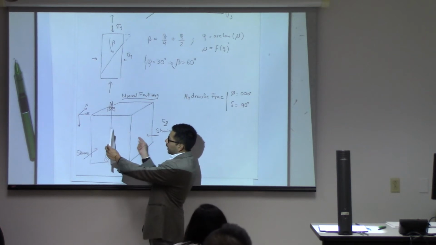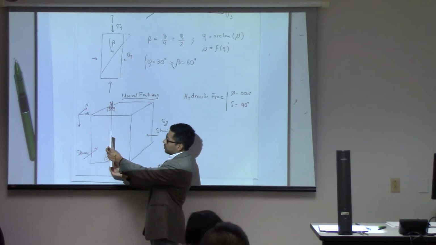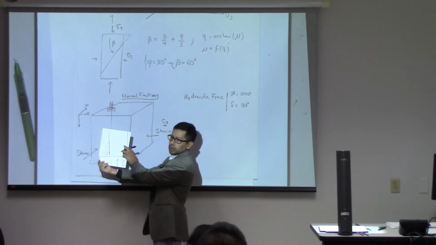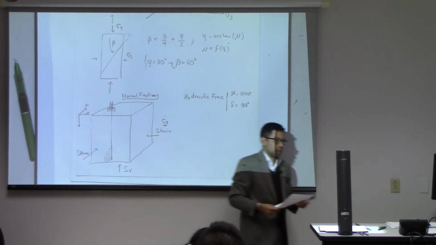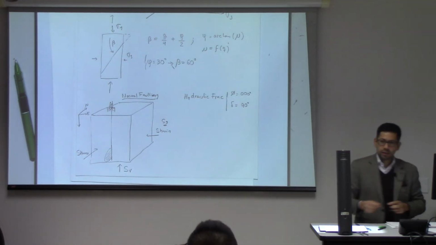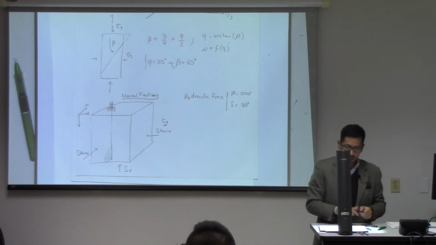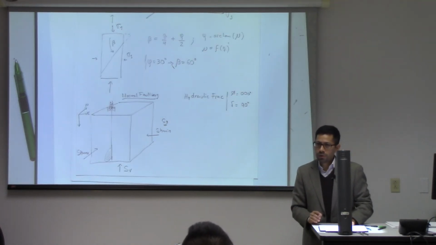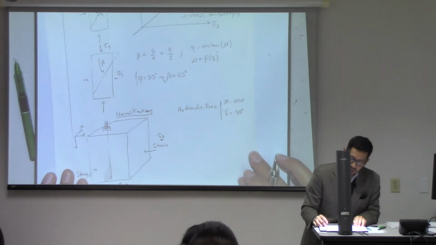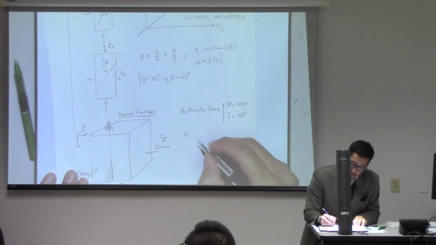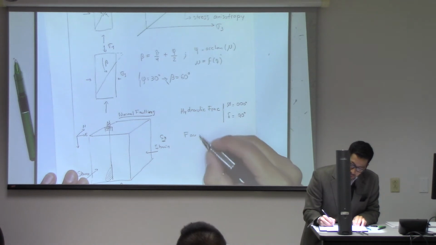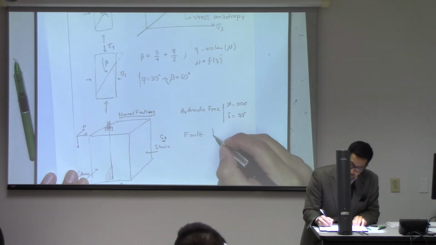If we had this one coming from direction north-south, it would be like that. Okay. All right, so we're good so far? Now I want you to tell me what would be the ideal orientation of a fault.